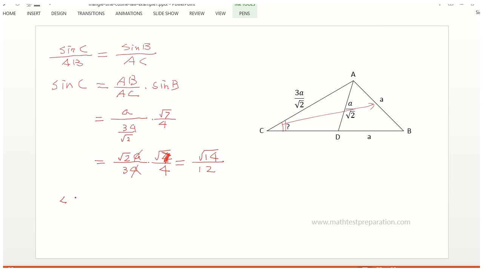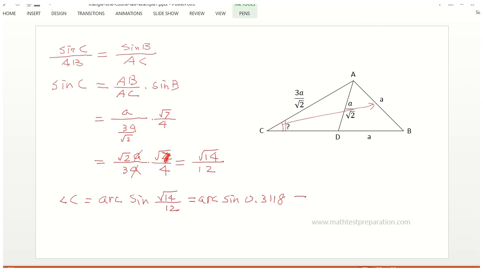So angle C equals arc sine square root 14 divided by 12. This equals arc sine square root 14 divided by 12, which is 0.3118.